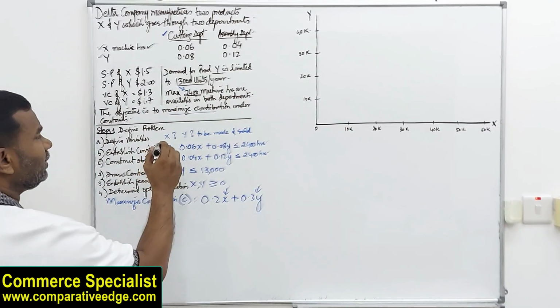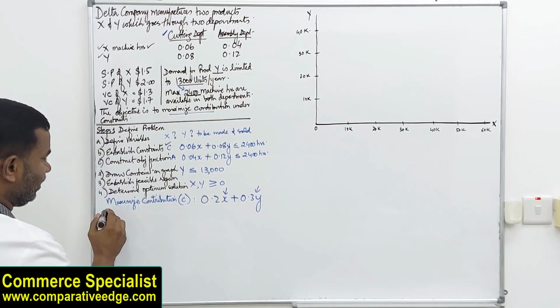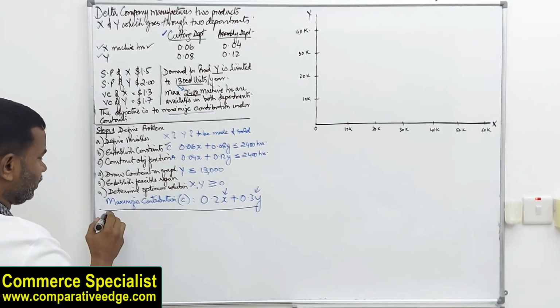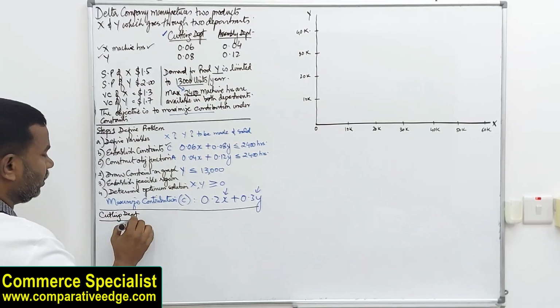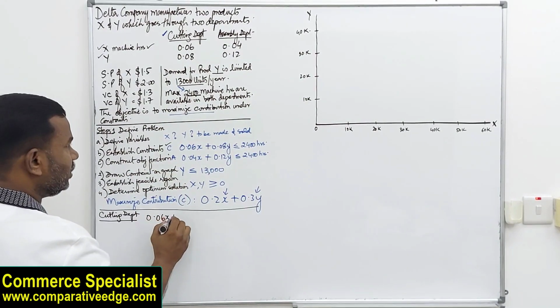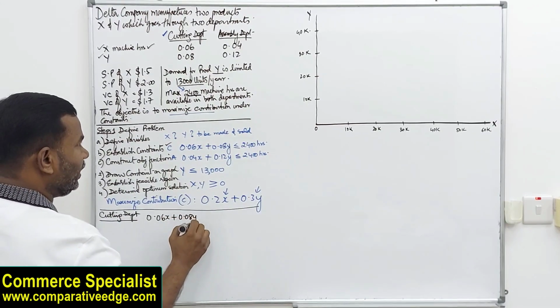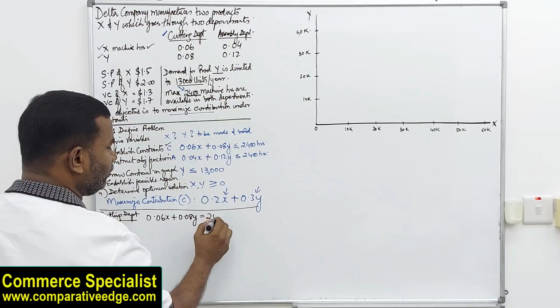I am taking cutting department first. The equation here is, I am talking about cutting department. The equation is 0.06x plus 0.08y, and inequalities I can always change into equal sign, is 2400.